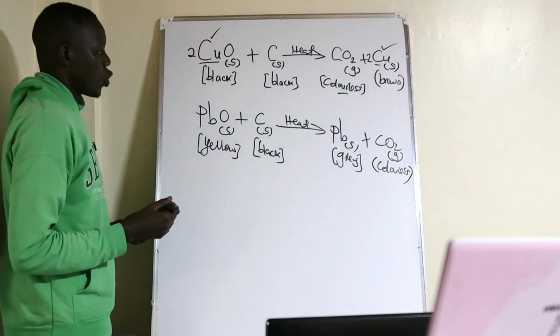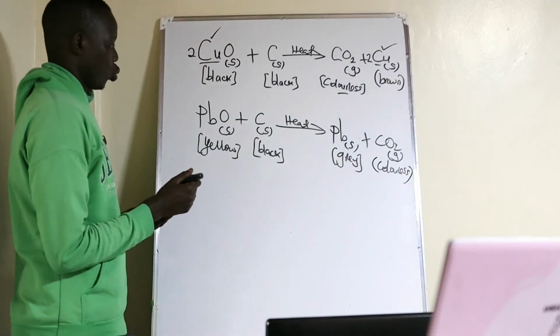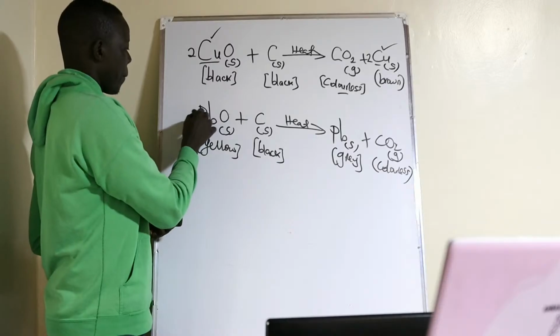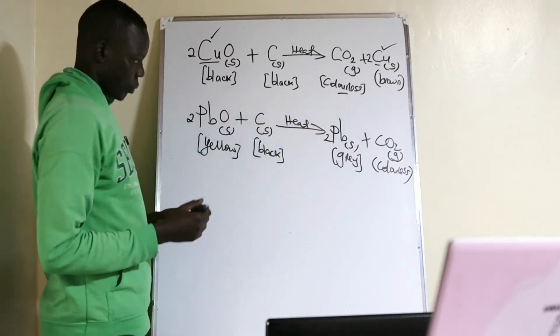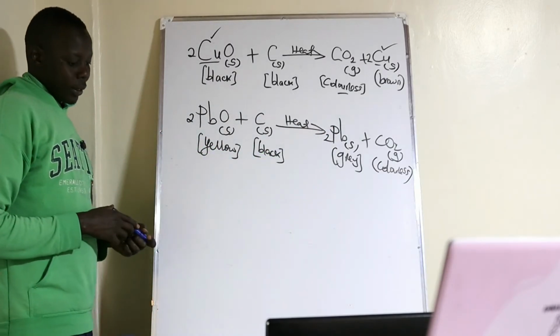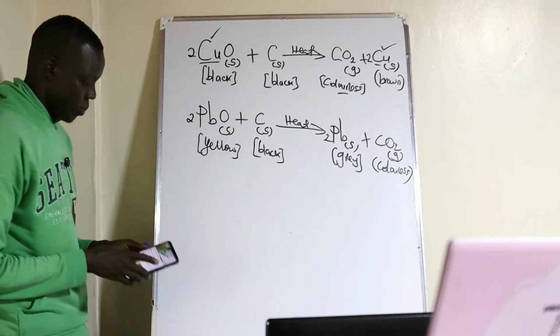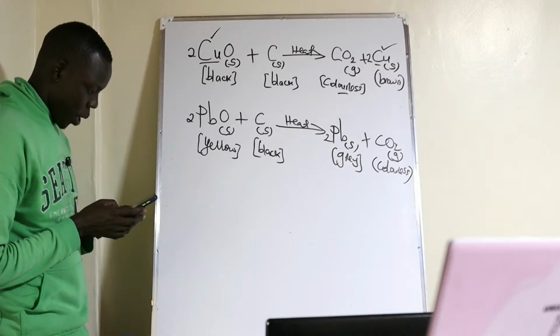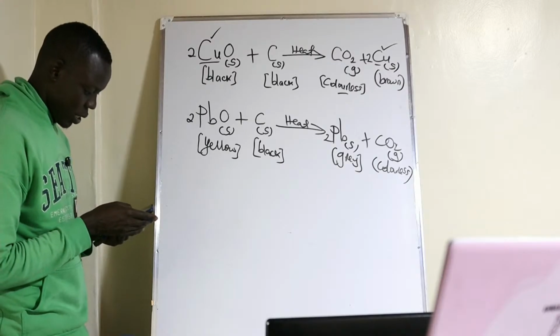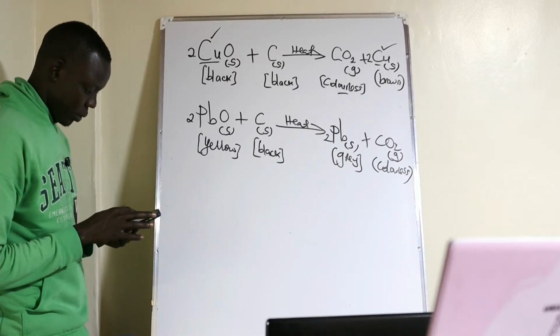Then from there, you simply balance by placing 2 upper and here. Look carefully to see if there is a problem somewhere, but I think all in all it is functioning very well.